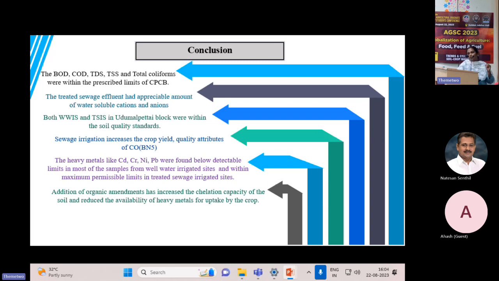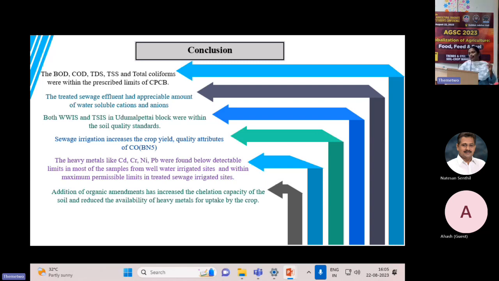Heavy metals are one of the problems, because even when we go for treatment, heavy metals cannot be completely removed from the wastewater. So in that crop also we faced some issues, and to reduce that, we used organic amendments like cow dung, that is farmyard manure, vermicompost, and coir pith.